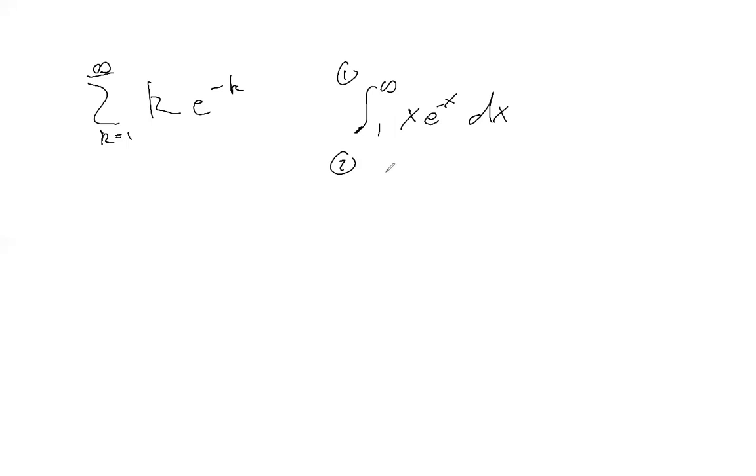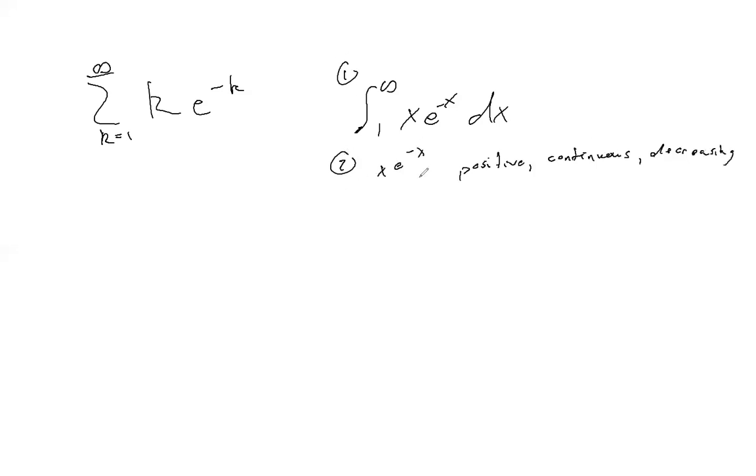What do I need from my function, x e to the negative x? I need it to be positive, continuous, and decreasing. Okay. I should check those.